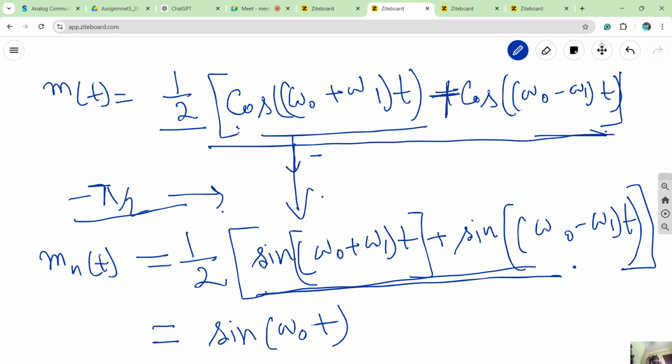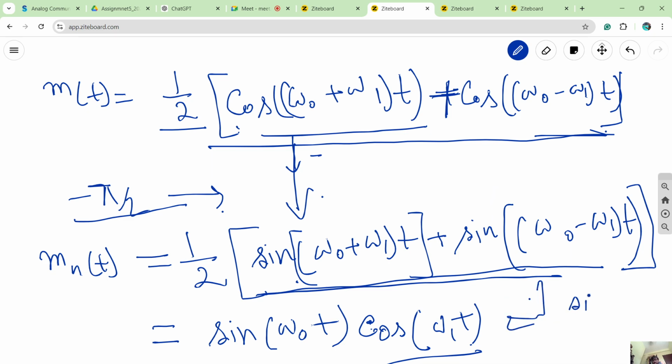Then we got the sine formula, and then we can represent sine of A plus sine of B into sine of A plus B into cos of A minus B. This formula. So this is the answer actually.